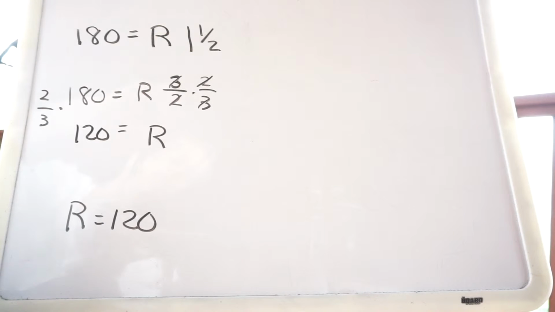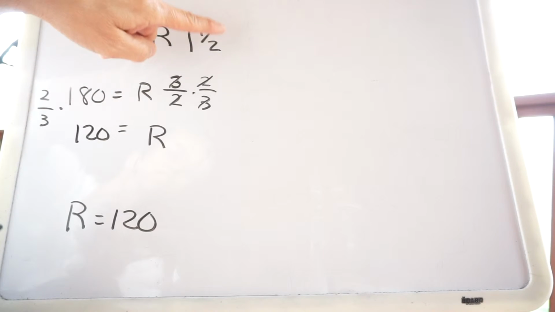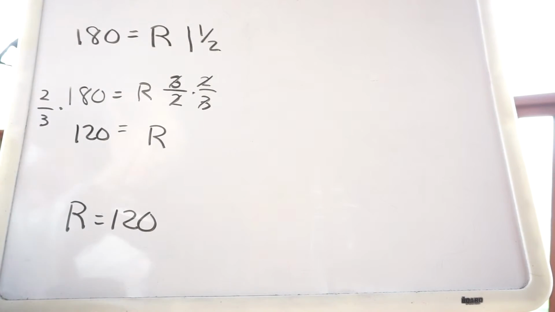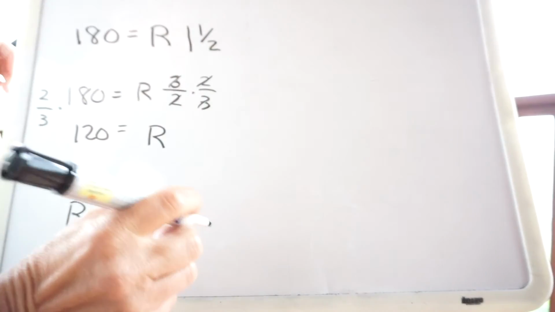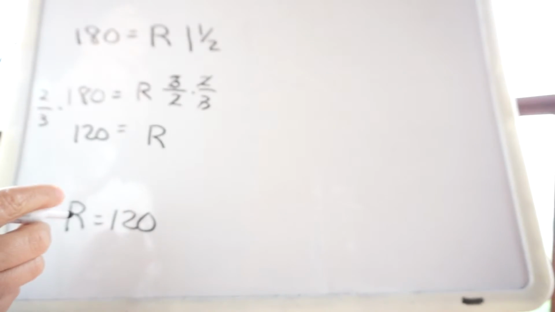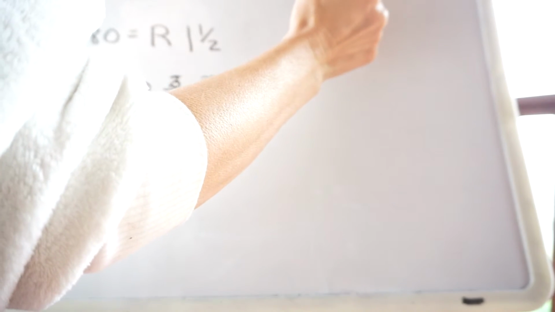Again, the thing that makes this question tricky is this 1.5 instead of a straight whole number. Now let's look at it using 1.5 as a decimal. And just remembering that 0.5 is the same as 1/2. This could also be like 50%.